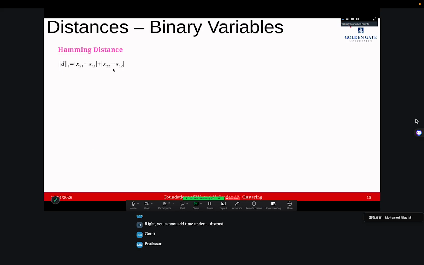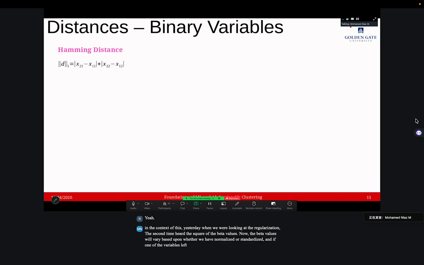Professor, I have a question. In the context of this, yesterday when we were looking at the regularization, the second term had the square of the beta values. Now the beta values will vary based upon whether we have normalized or standardized, and if one of the variables is left unnormalized, then that can have a different order of beta value.